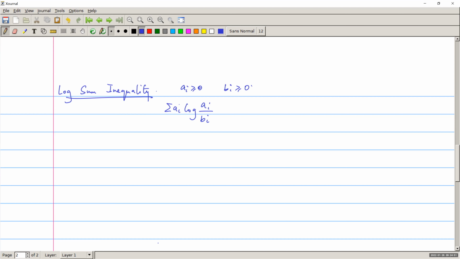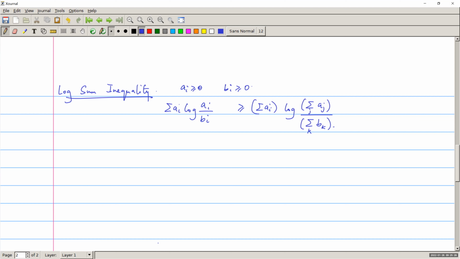Now the log sum inequality says that this is greater than or equal to the summation of a_i times the log of the summation of a_j over the summation of b_k.